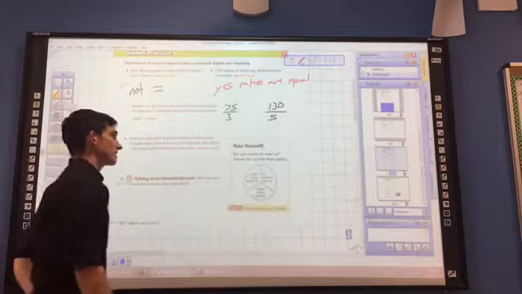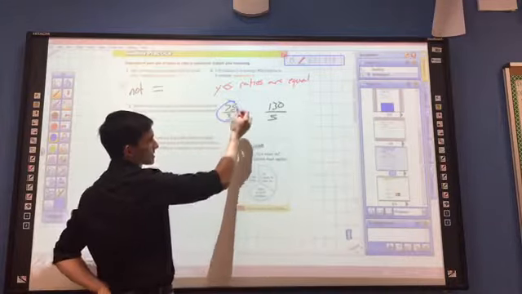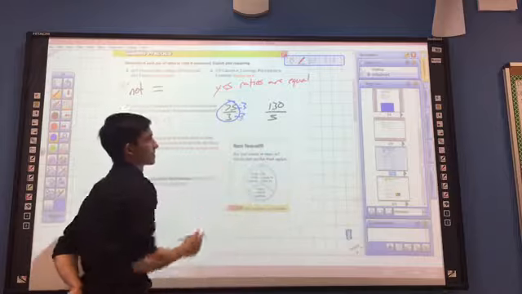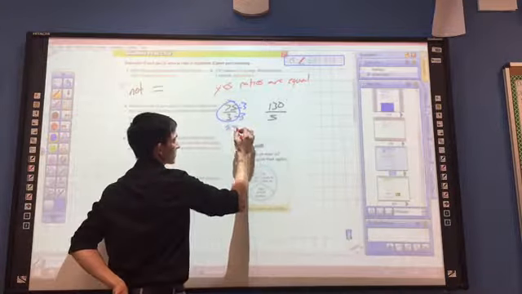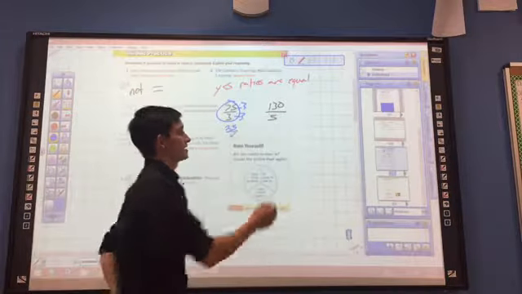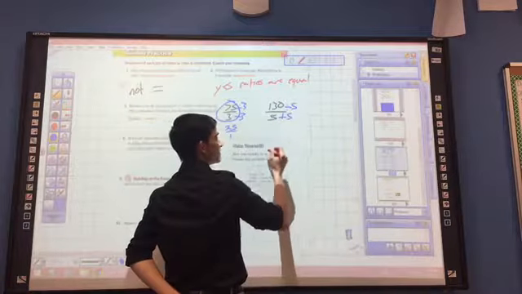So let's try to take this one. I'm going to divide by 3 and divide by 3. So 75 divided by 3 is going to be 25 over 1.